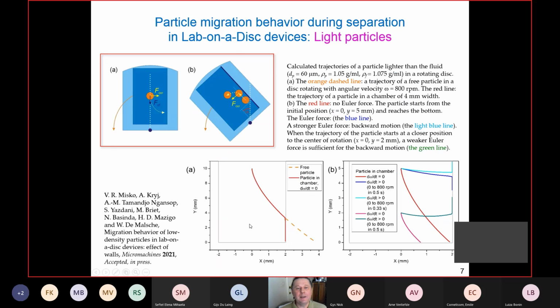Now it's easy already to understand what happens if we invert everything. Now we have light particles, so the particles which are lighter than the fluid, and then the motion will be like that. Just believe me, or you can intuitively check that. The particle moves now not to the periphery, but to the center.